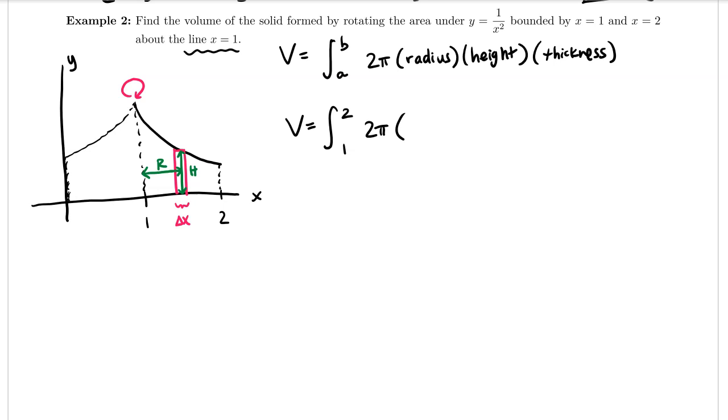We have 2 pi. Now the radius in this case is not x because our axis of rotation is not the y-axis. So here's where folks often get tripped up. Let's call this point here x comma y, which tells us that the distance from the y-axis to that point is x. And I know that the distance from my y-axis to x equals 1, that's constant, and that's just equal to 1.